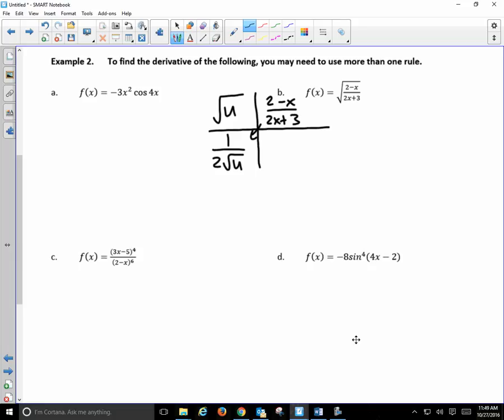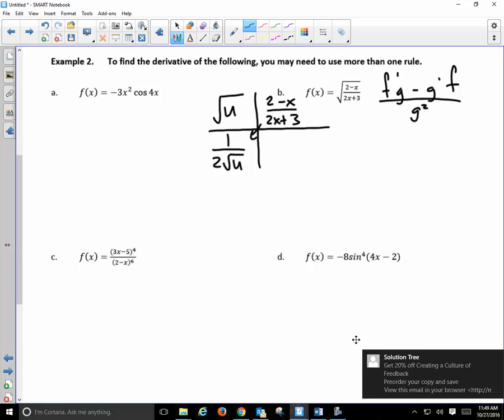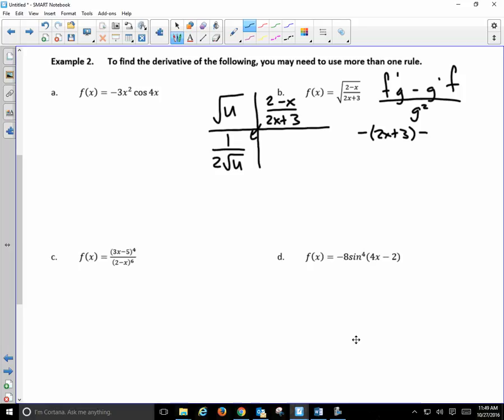How do I find the derivative of 2 minus x over 2x plus 3? Quotient rule. So f prime g minus g prime f all over g squared. What is f prime? Negative 1 times g, 2x plus 3, minus, what is g prime? 2 times 2 minus x, all over the bottom squared.